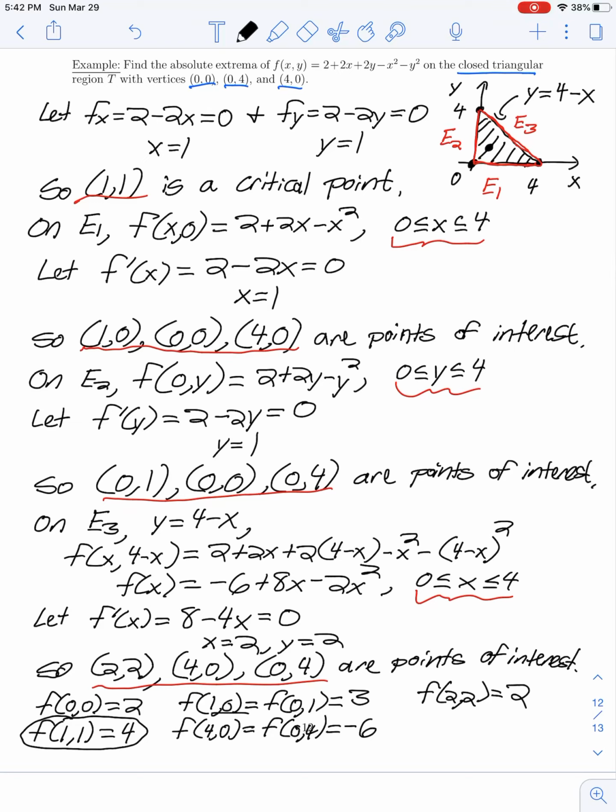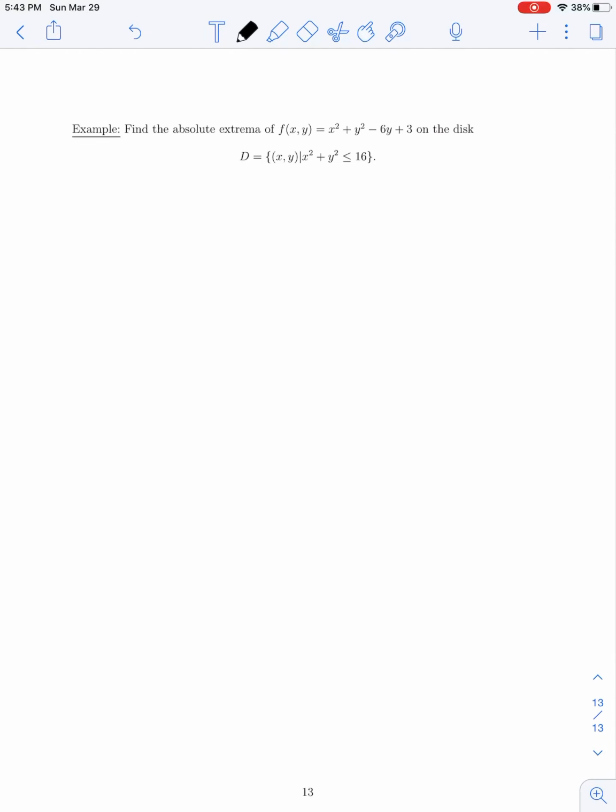So in this example, we see our absolute maximum occurs at the point (1, 1), and the value would be 4, and our absolute minimum of -6 occurs at the points (4, 0) or (0, 4). So here we had a maximum at a point that was within the interior of our set, and a minimum on the boundary of the set itself.